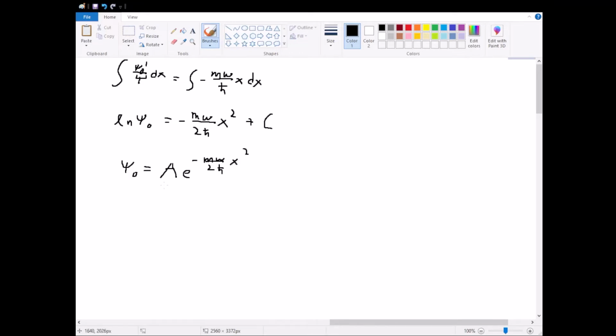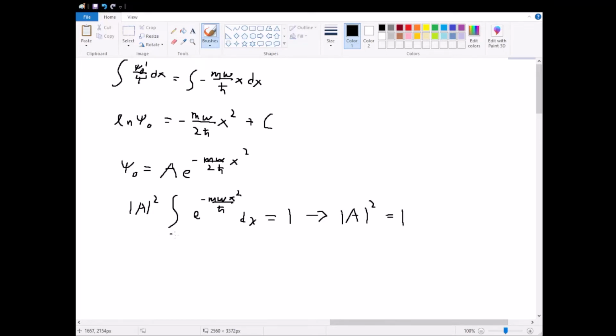And further on, we can also normalize a by taking the integral, so the magnitude of a squared times the integral of e to the negative m omega x squared over h bar dx must equal 1.